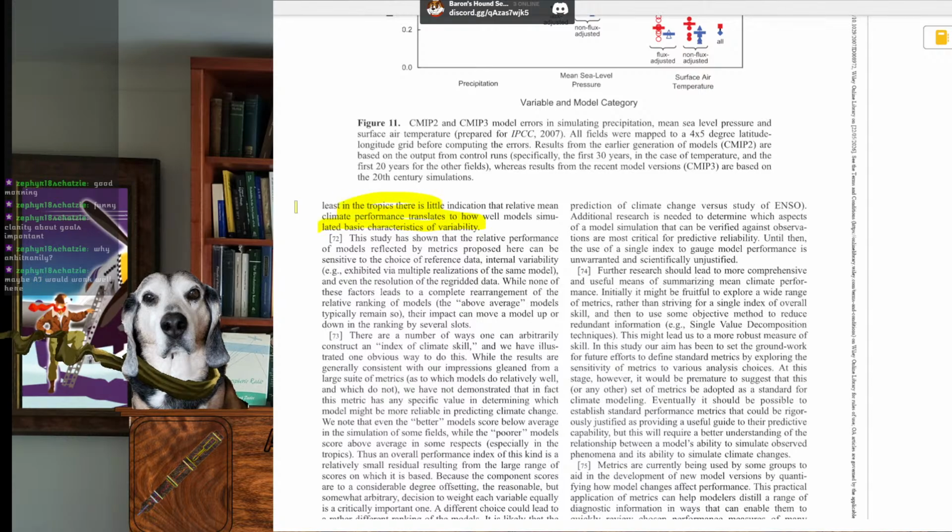So again, models are good at certain things, so you have to be very, very careful with how you're evaluating better versus worse.